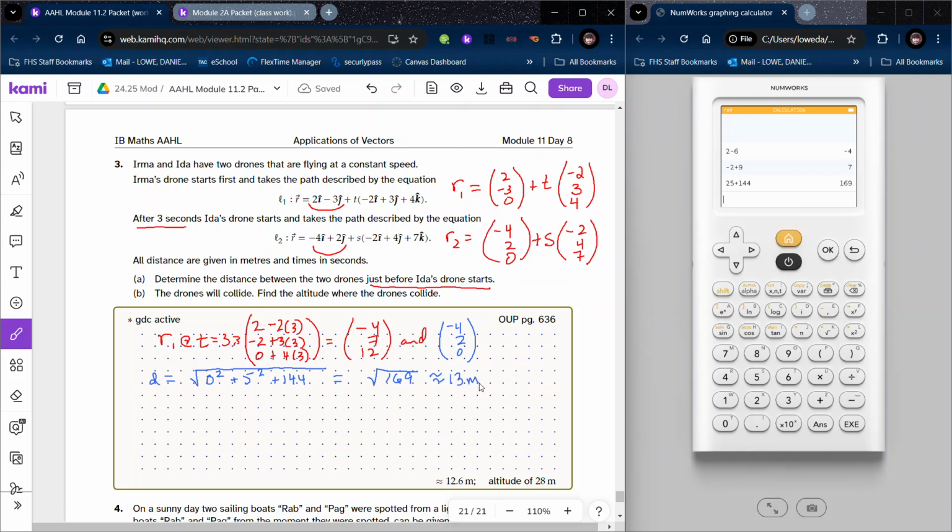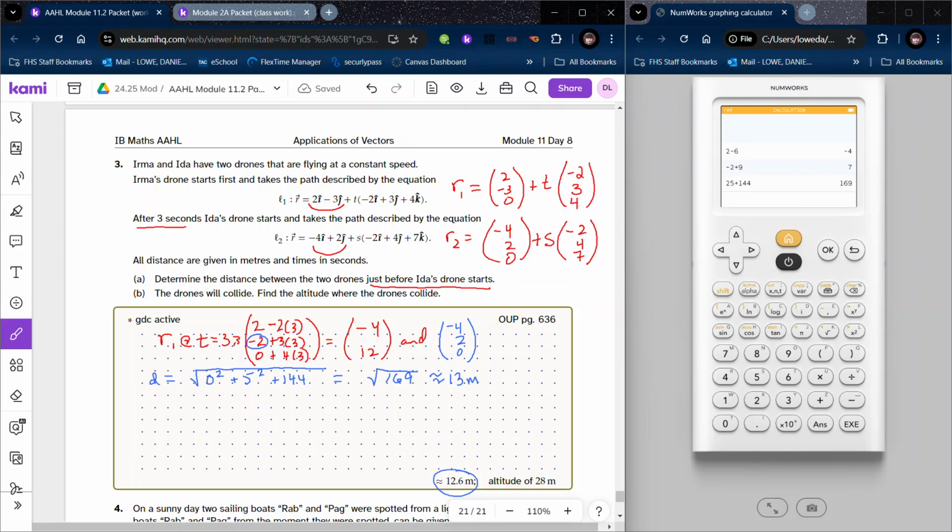But let's see where we may have made a mistake in our computation, because we were supposed to get 12.6 meters. So let's check to see if we can find our mistake. Since we're expecting the answer to be 12.6, we know we made a mistake, and it looks like it came from that value right there. That should not have been -2.